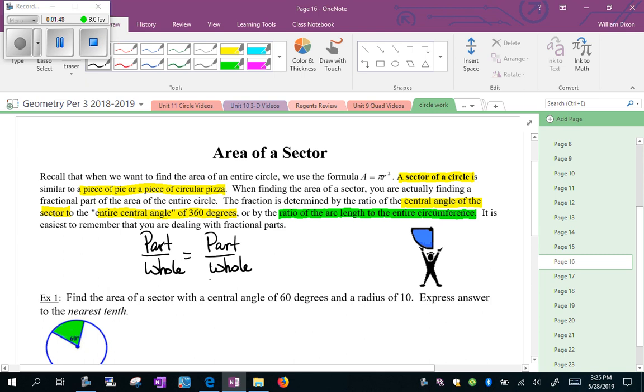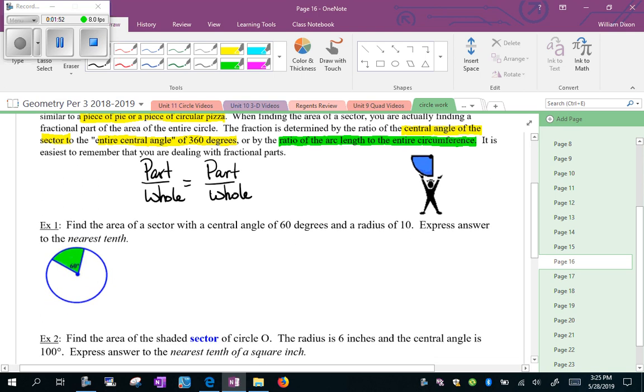So let's dive in. Let's take a look at number one. Number one says, find the area of a sector with a central angle of 60 degrees and a radius of 10. Express your answer to the nearest tenth. All right, so we have our circle here, and we have 60 degrees as our angle, and we're trying to find the shaded region, the area of that sector. Let's first find the area of the entire circle.